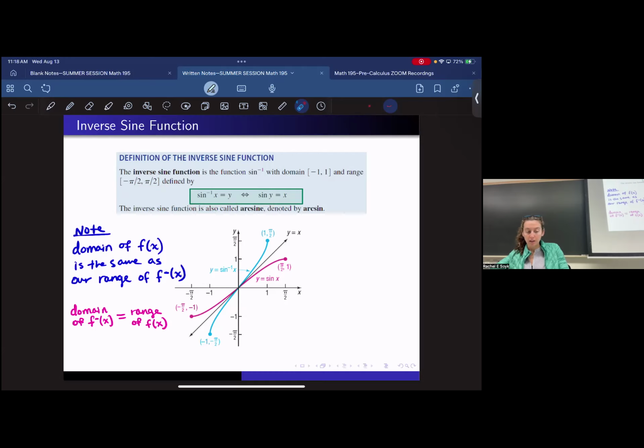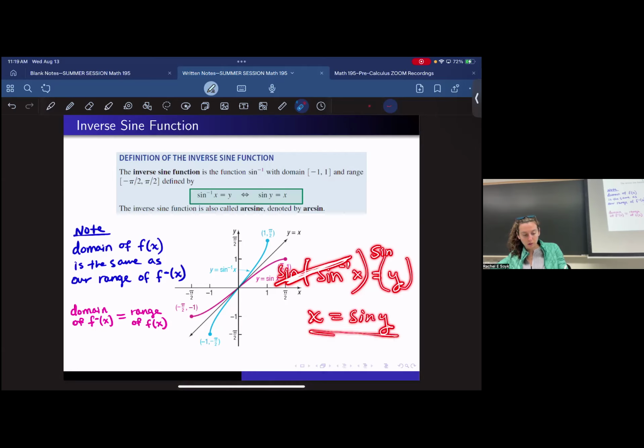And again, this is just applying our inverse to this and getting your output to be sine y equals x. I'll maybe just show it off to the side here, but this will erase in a moment. So if we take sine of both sides, then these cancel out and we get x is equal to sine y, which is what we have over here.